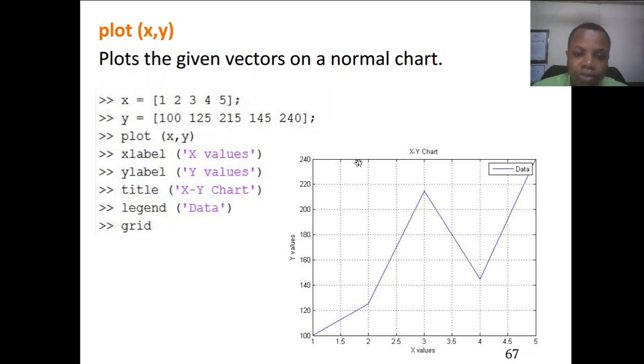And suppose that you would like to see this grid, these small boxes that we have here, we could also use the function grid. So let's see how we get to demonstrate this.